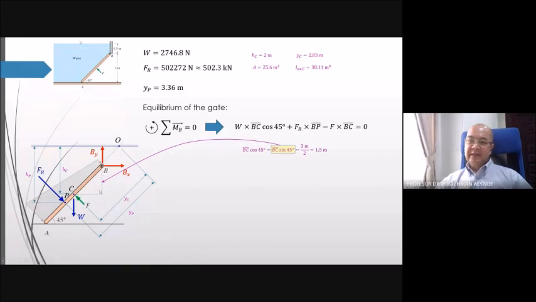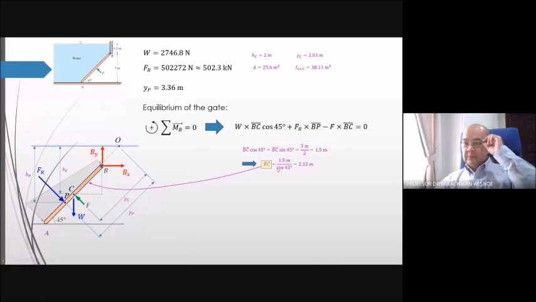And we know that this one is 3 over 2. So BC cos 45 is 1.5. Knowing BC cos 45, we can calculate BC, which is the length from C to B. So we have BC equal to 2.12 meters.